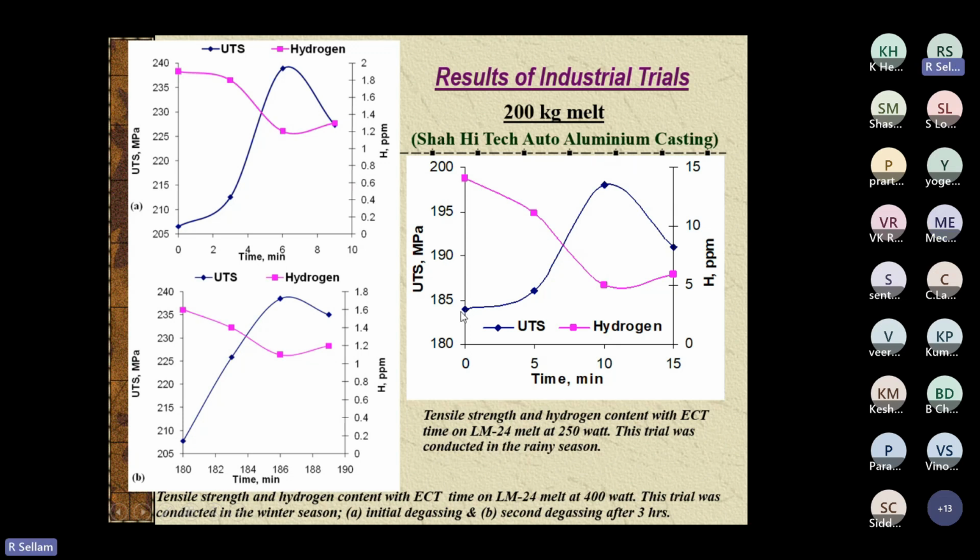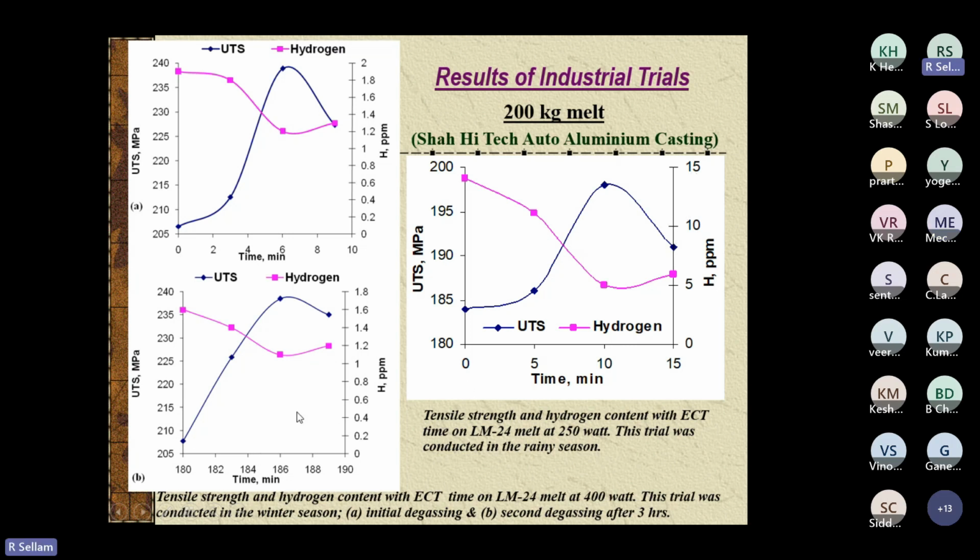Similarly, in mechanical testing, the UTS is increasing because of the loss of hydrogen up to a certain point, and after that, due to pick up of hydrogen, it again falls. So you cannot conduct the degassing treatment beyond a certain point. This was conducted in the rainy season, so the hydrogen ppm level is showing more.